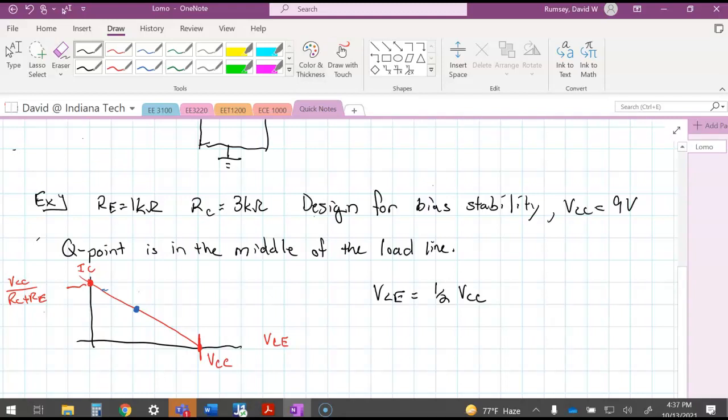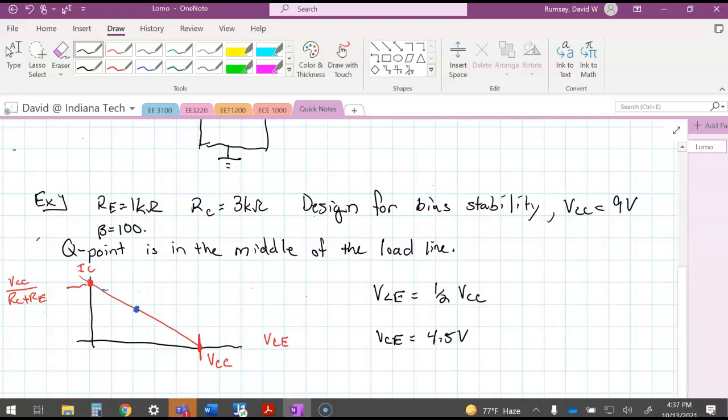And we're going to need to know what beta is, so I'll also state that beta is 100. So VCE is 1/2 VCC, which means VCE is 4.5 volts. That is what I'm designing for.